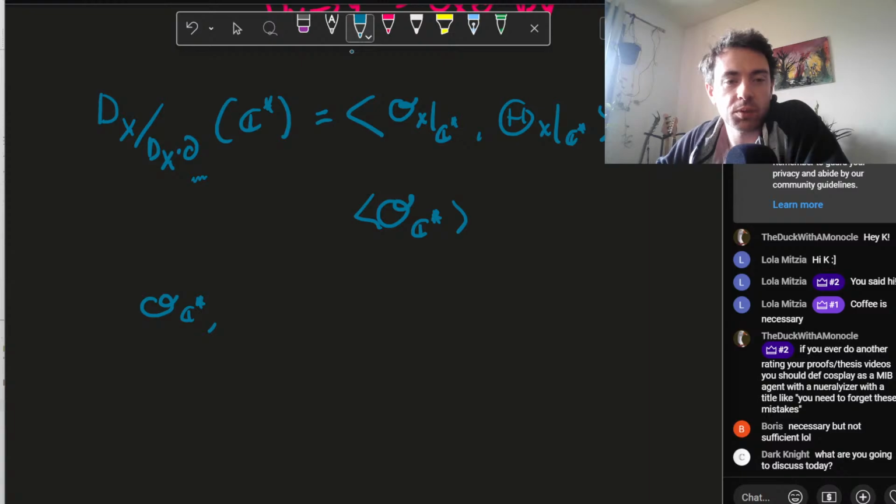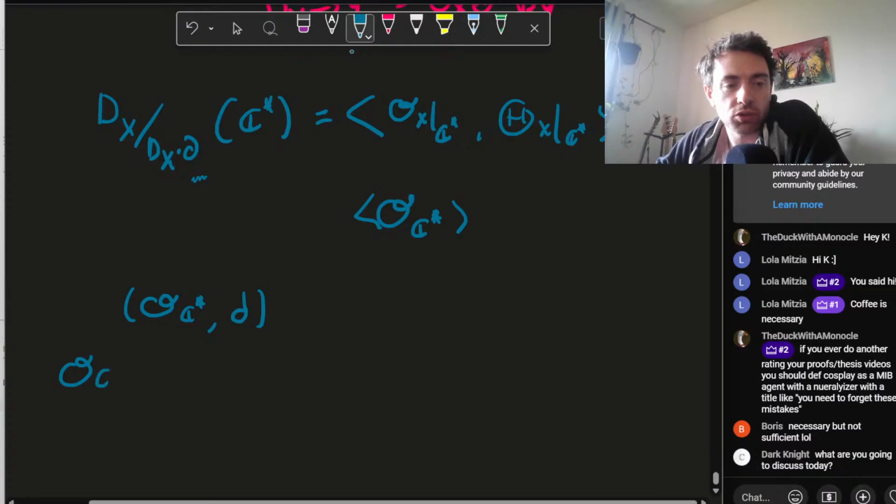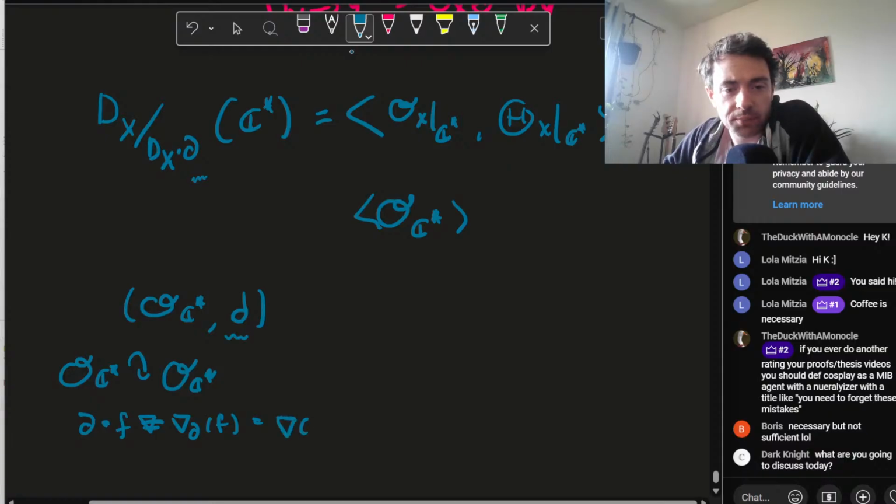Well, we said that we would take the exterior derivative, take that pair, and then give this the structure of a D module, where of course O of C star just acts on itself in the ordinary way. And then we use our formula of how to go from a connection to a D module to see how the derivation should act. And we said it would be exactly in this way.